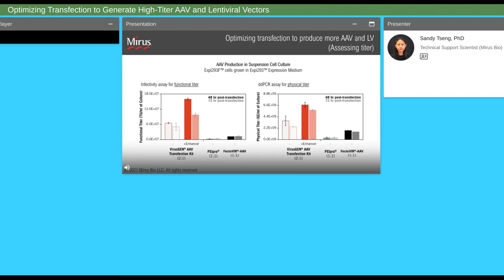And as you can see, highest titers are achieved with the VirusGEN with the enhancer component, that is the whole VirusGEN AAV kit, at an earlier time point, at least for this serotype, culture system, and transfection conditions. And this is clearly reflected for the functional titer. And so based on this assessment for this system, we would recommend a harvest time of 48 rather than 72 hours post-transfection.